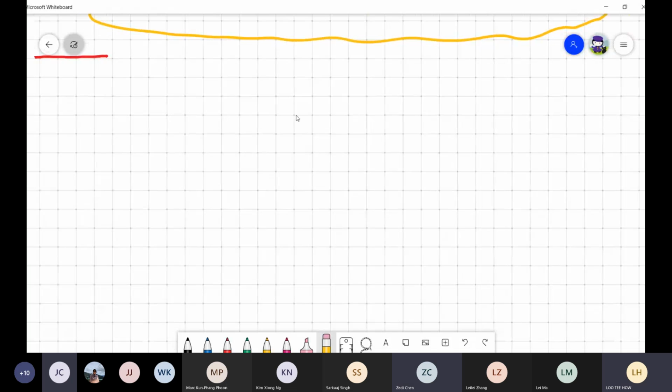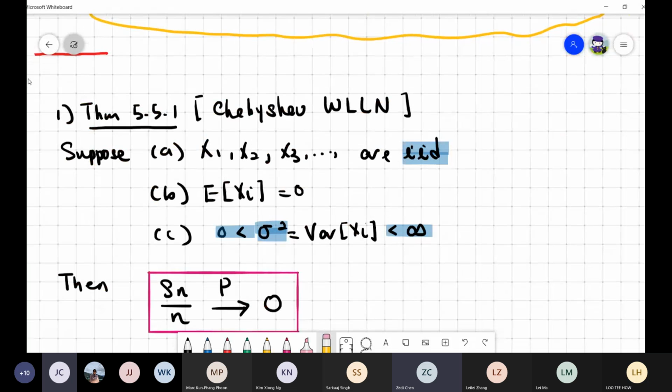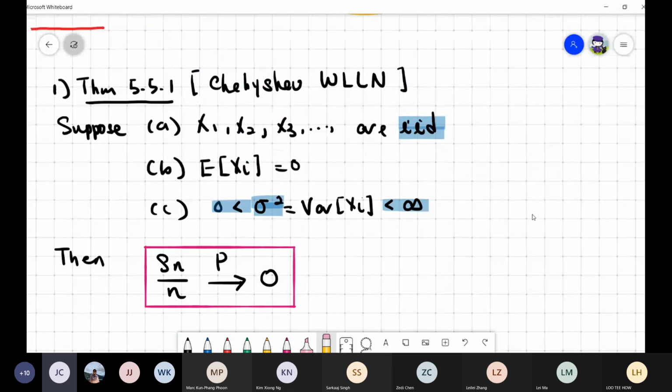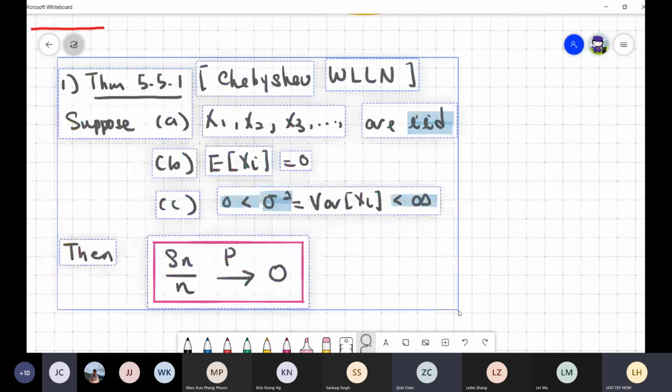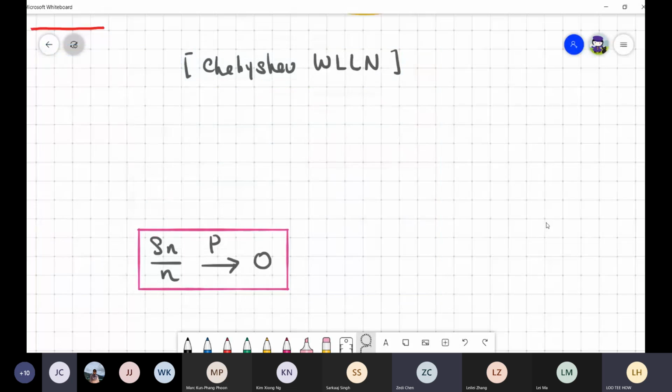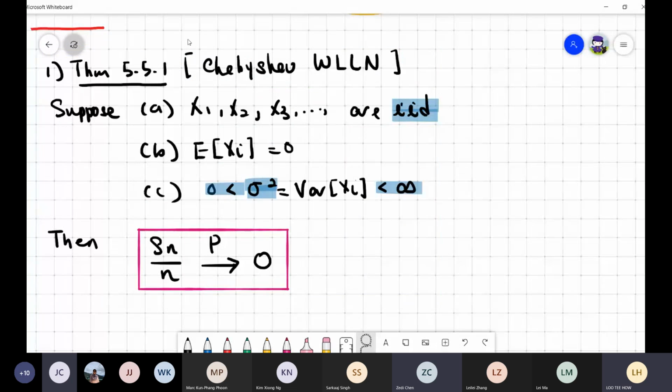I think I better put it over here. Can I make it smaller? Okay, never mind. So just put it over here. This is the first theorem, the first version of our weak law of large numbers. So we have three hypotheses here, A, B, and C.